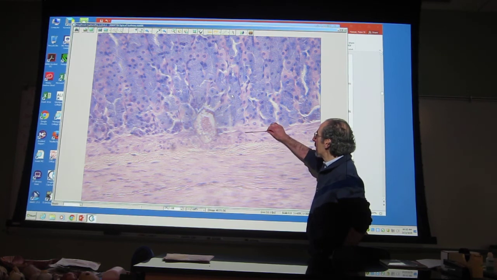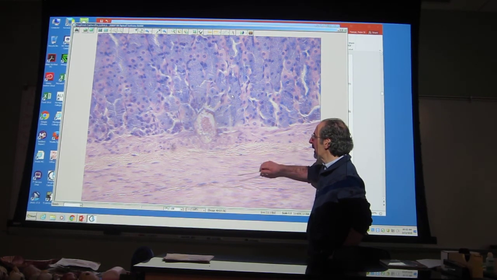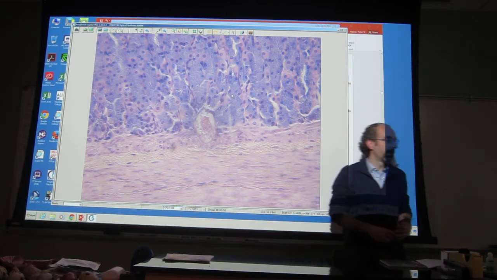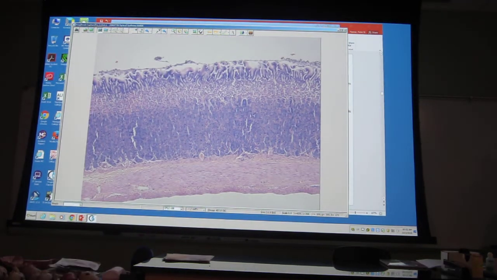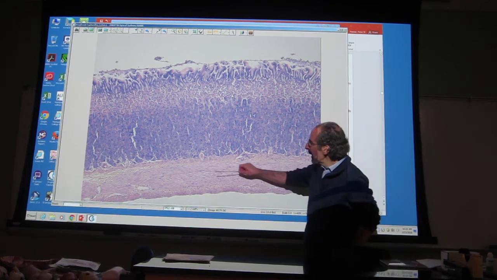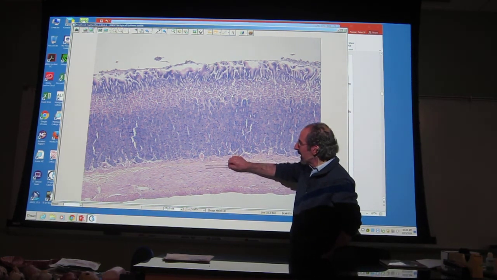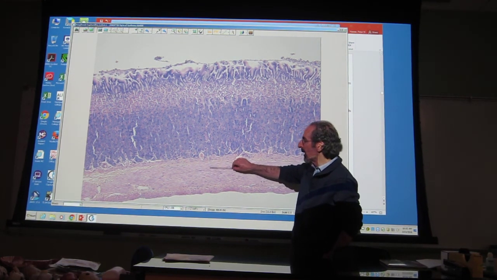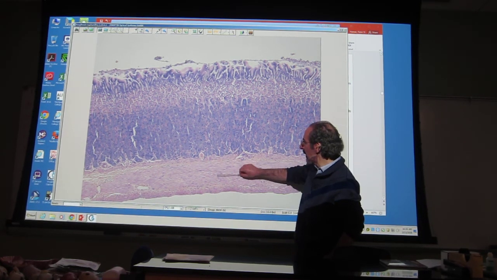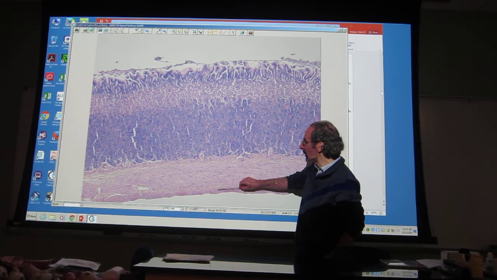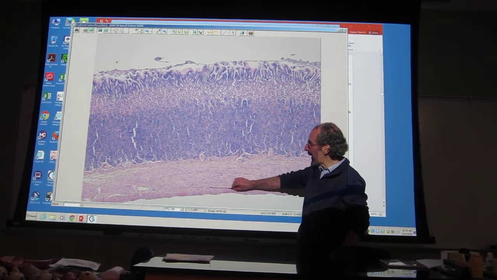Then you have a thin layer of muscularis mucosa, a very thin submucosal layer, and then all of this would be the muscularis externa. Let's look at those layers here. With this slide, it's hard to see an oblique layer. I really just see two layers here, an inner circular and an outer longitudinal. The dividing line is roughly about there.